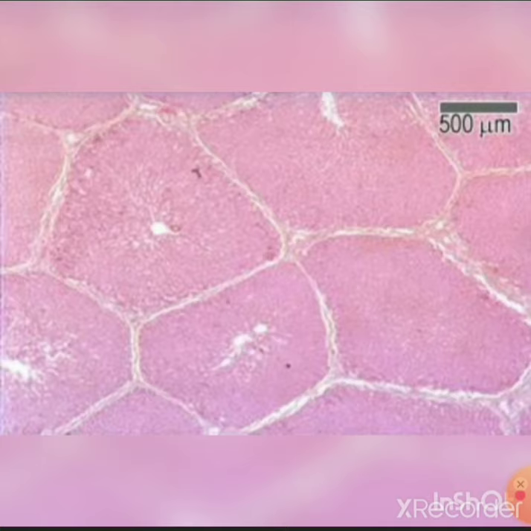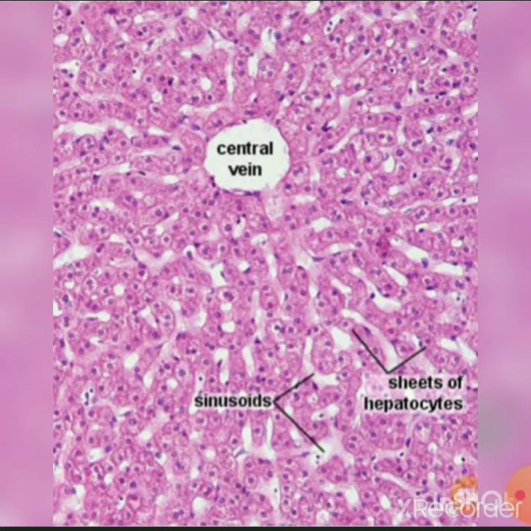Each lobule has a small central rounded space in the center, which is called the central vein. Here we can see many cells radiating from the central vein to the periphery, and these cells are called liver cells, or hepatocytes.